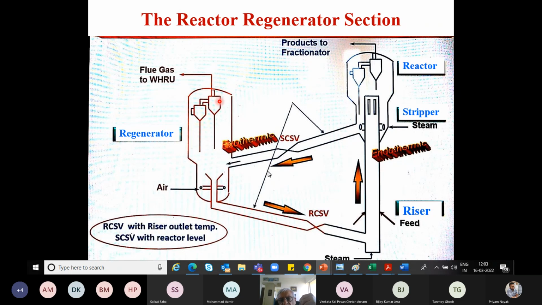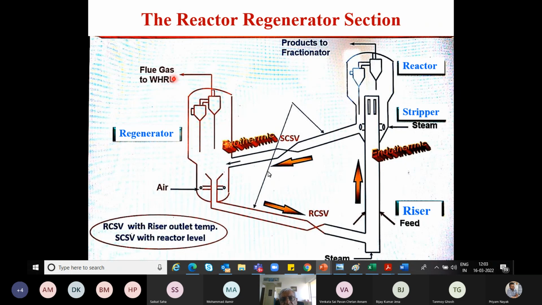Again, you have these cyclones which help to remove the catalyst from the flue gases. The flue gases now essentially contain carbon monoxide, carbon dioxide, sulfur dioxide, which comes from the sulfur deposited on the catalyst, as well as steam, because some amount of hydrogen also comes in, which gets converted to H2O, plus the rest of the nitrogen, which comes along with the air.